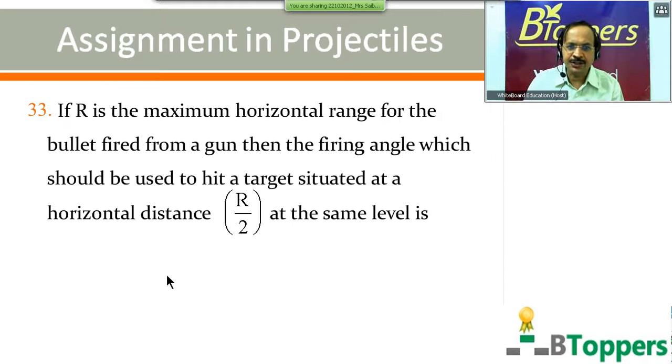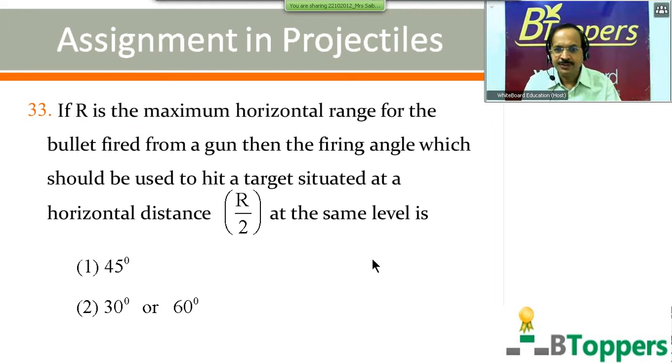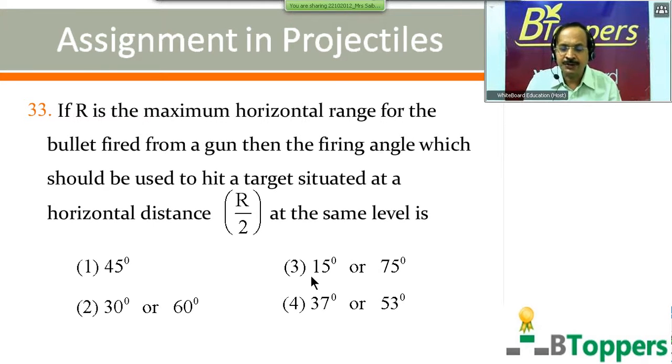See question number 33. If R is the maximum horizontal range for a bullet fired from a gun, then the firing angle which should be used to hit a target situated at a horizontal distance R by 2 at the same level is. I have shown you the options on the screen.